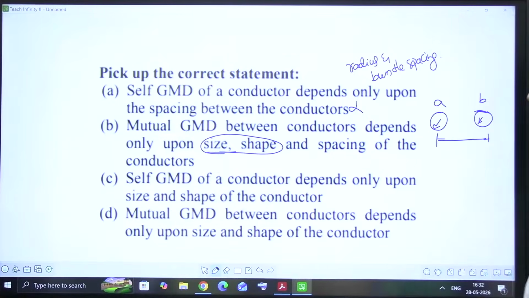Option C. Self GMD of a conductor depends only upon the size and shape of the conductor. Option C is also not fully correct. Self GMD of a conductor depends upon, yes, correct.